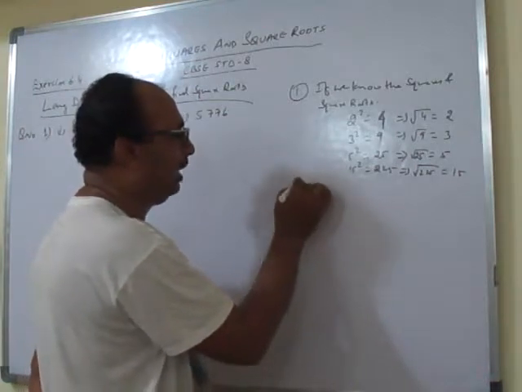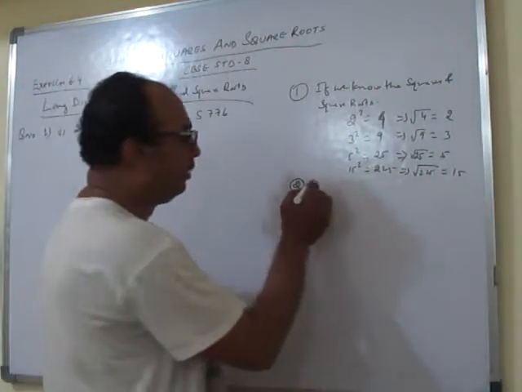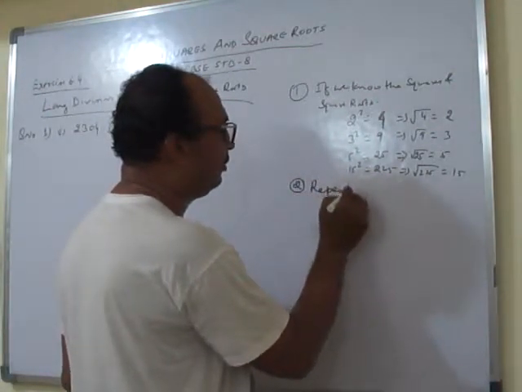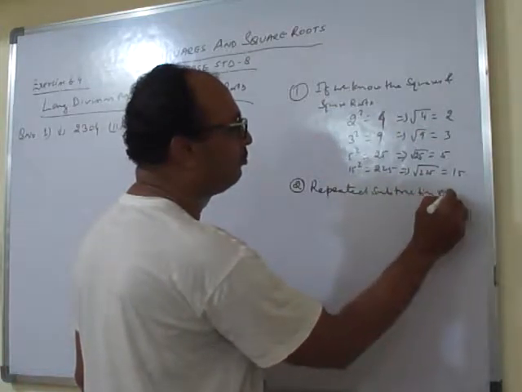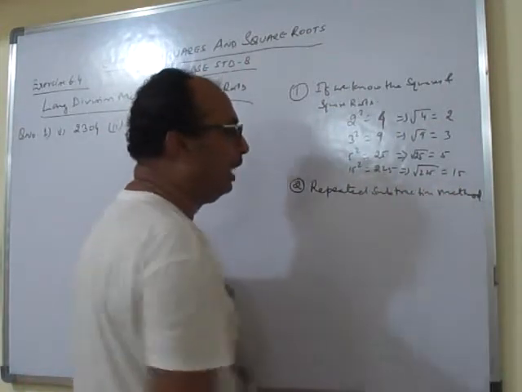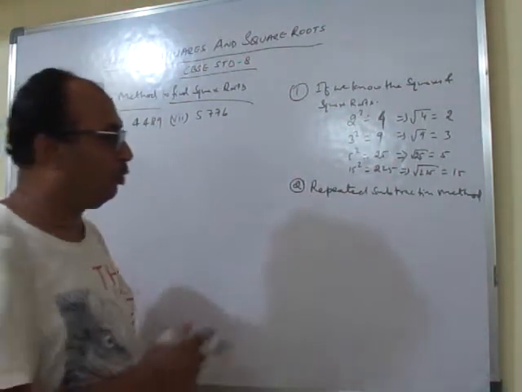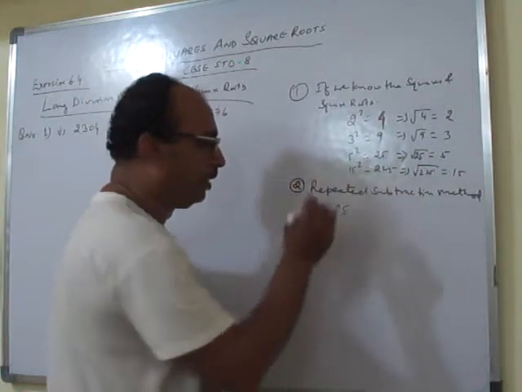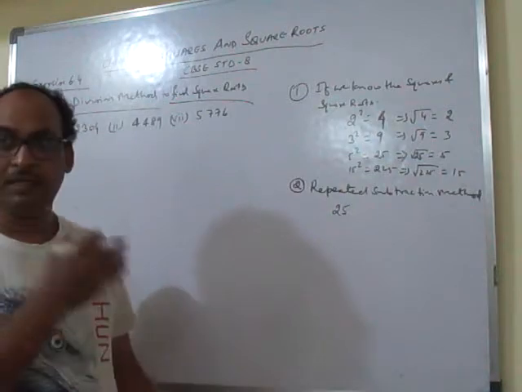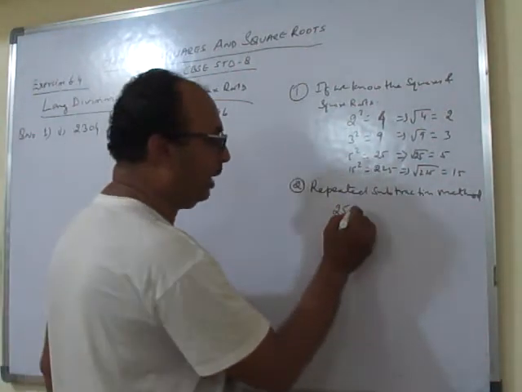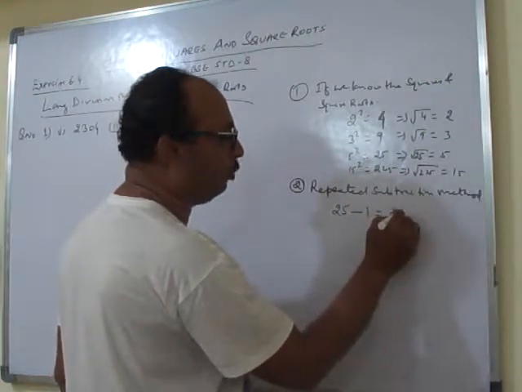The second method we have gone for is the repeated subtraction method. In this method, if we have to find the square root of, suppose, 25, we go for subtraction of odd numbers: 25 minus 1 gives you 24.